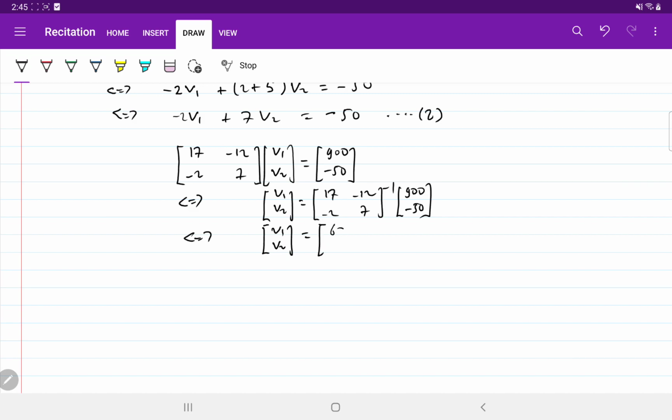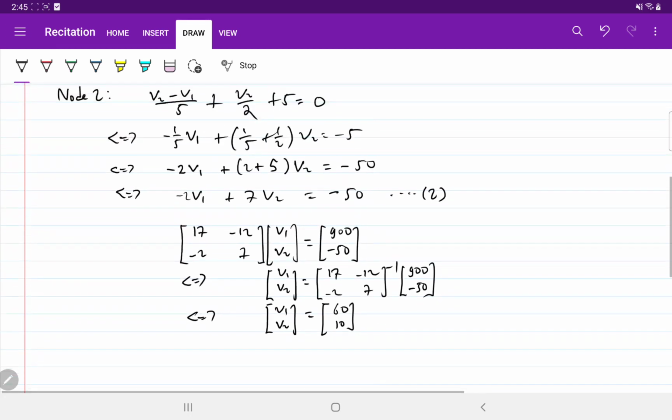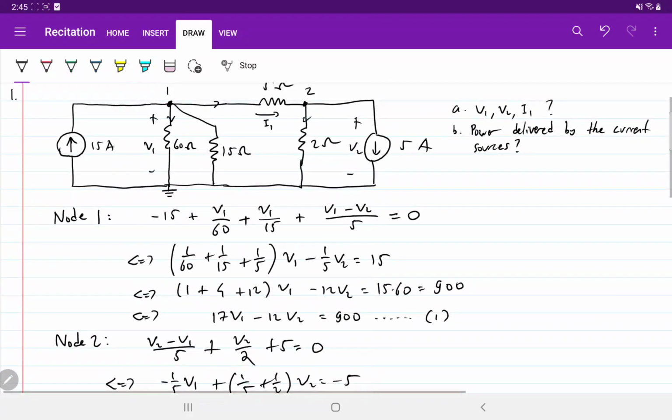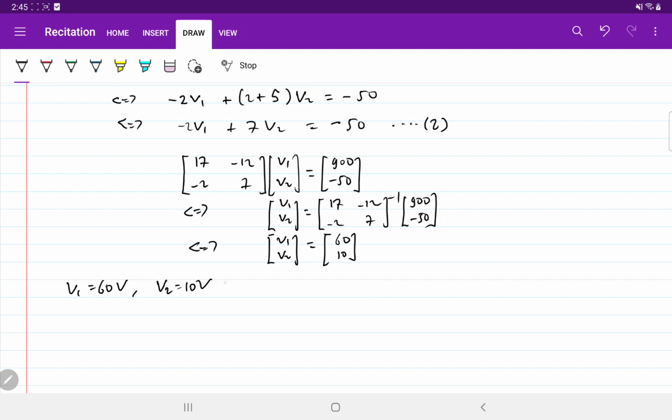We obtain 60 and 10. It means that V1 is 60 volts, V2 is 10 volts. Alright, so we know V1 is 60 volts, V2 is 10 volts, and what is I1?